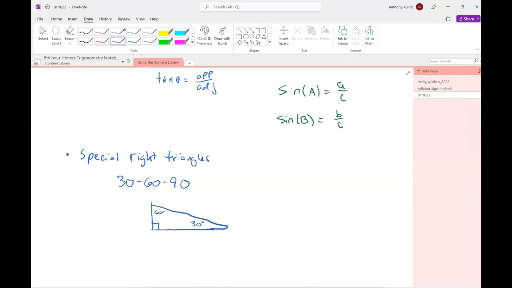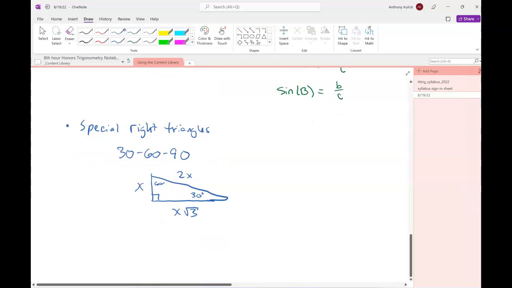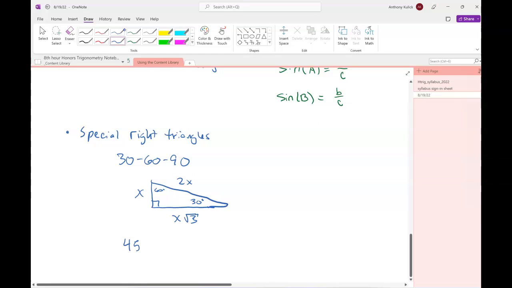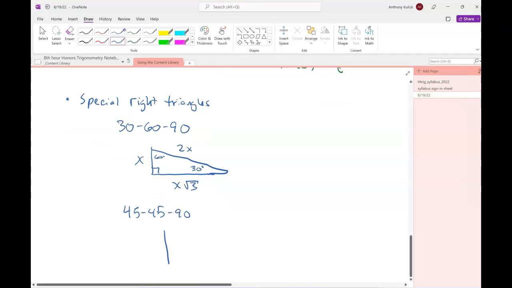For a 30, 60, 90 triangle, the side lengths are x, x root 3, and 2x. And for 45, 45, 90, the side lengths are x, x, and root 2 x.